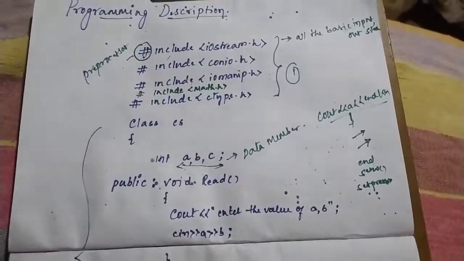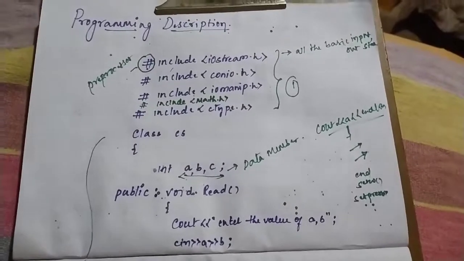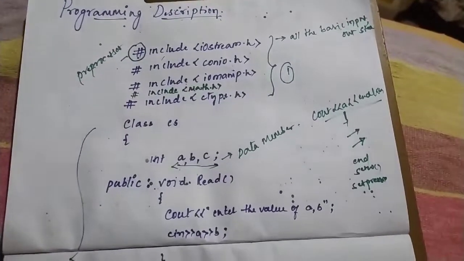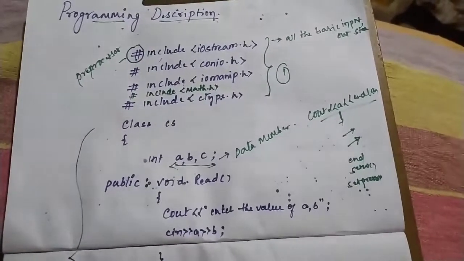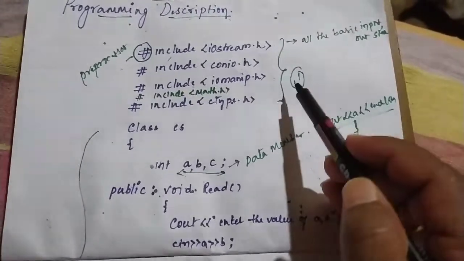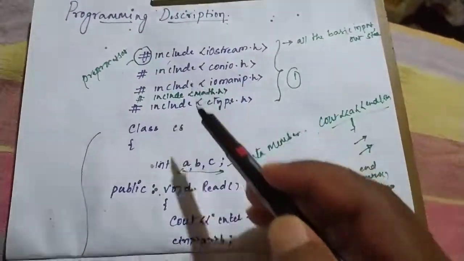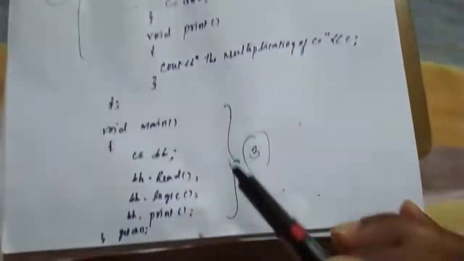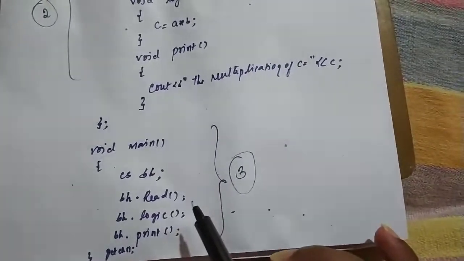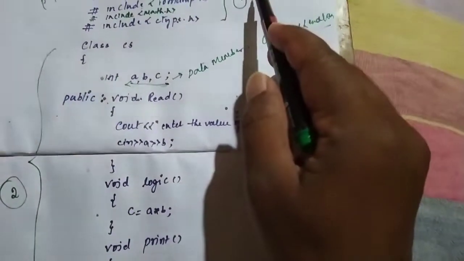In the last video itself, I clearly mentioned that if you want to develop any program using the OOPS concept with the support of C++, you should have an idea about three things: one is library function, second is class block, and the third one is main.